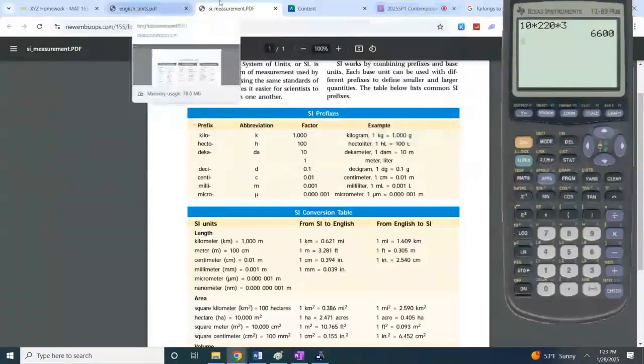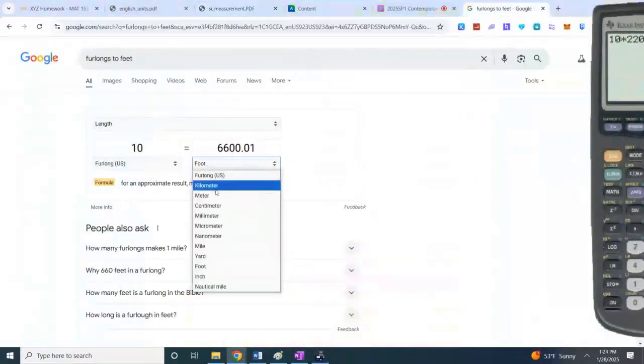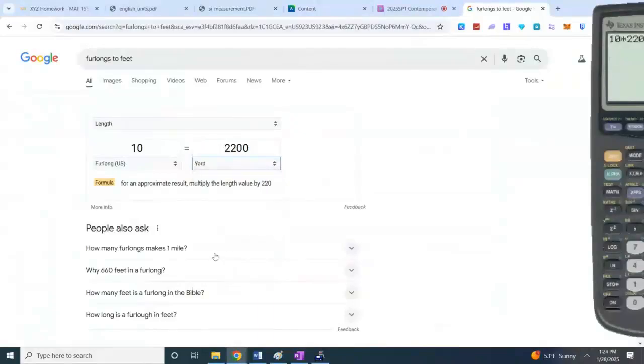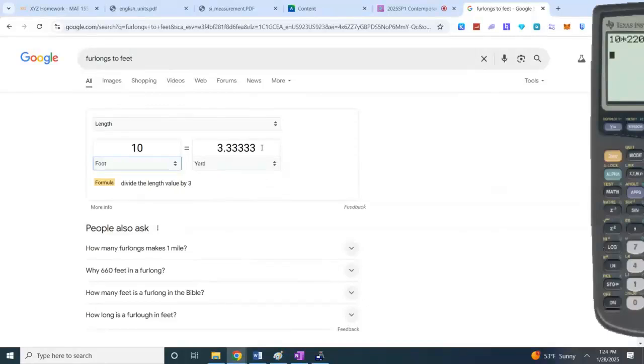Right, so let me try that. I'm going to go into Google and put furlongs to yards. So 10 furlongs is 2,200 yards. And now I'm going to convert yards to feet.